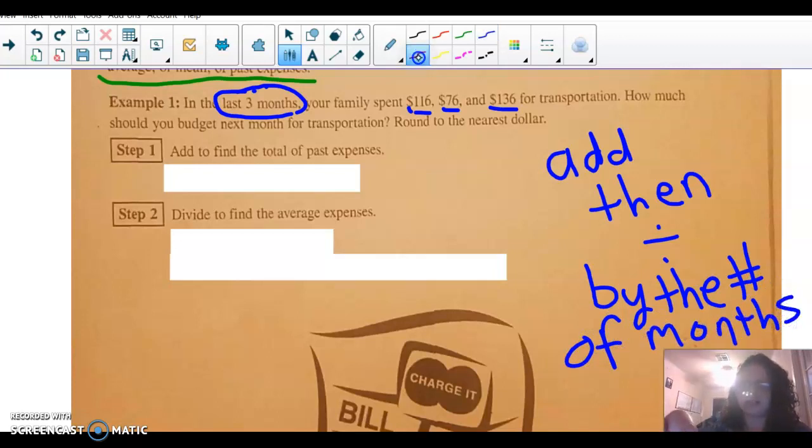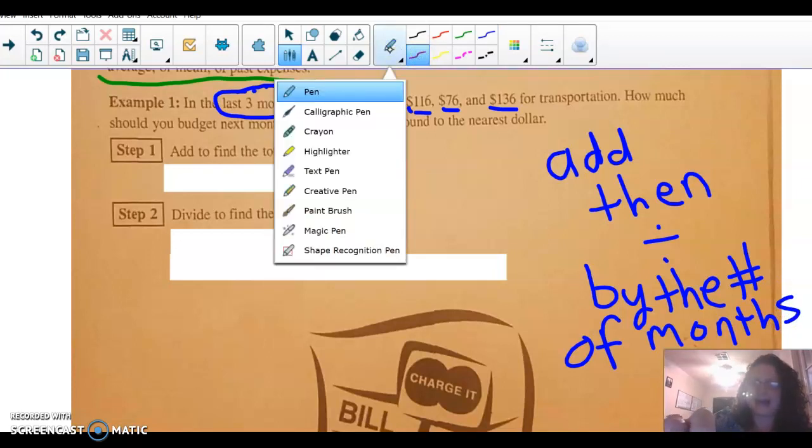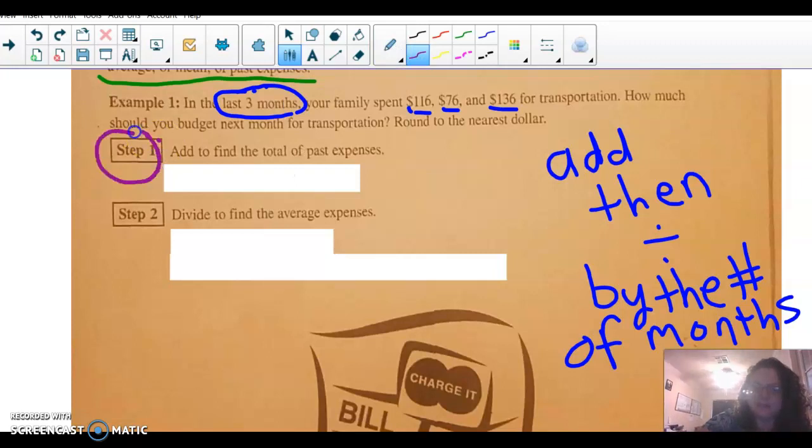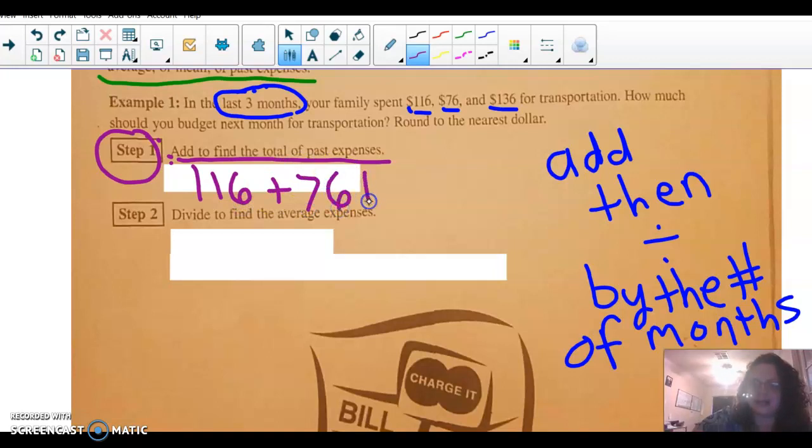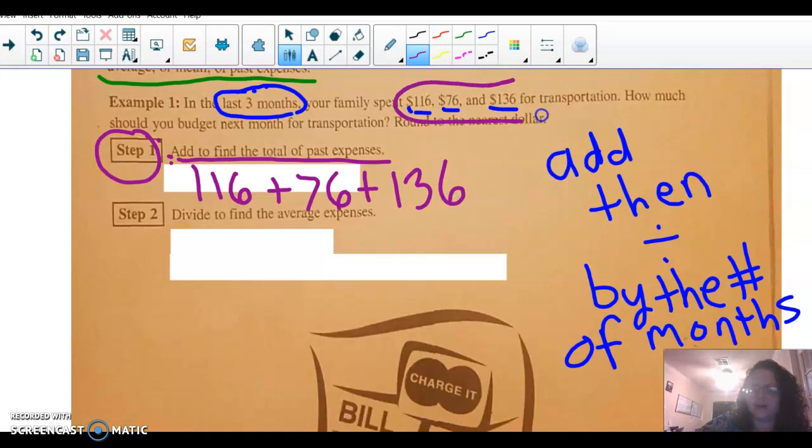Okay, so step one is I'm going to add to find the total. So I'm going to add 116 plus 76 plus 136. So again, I added all three of those together.